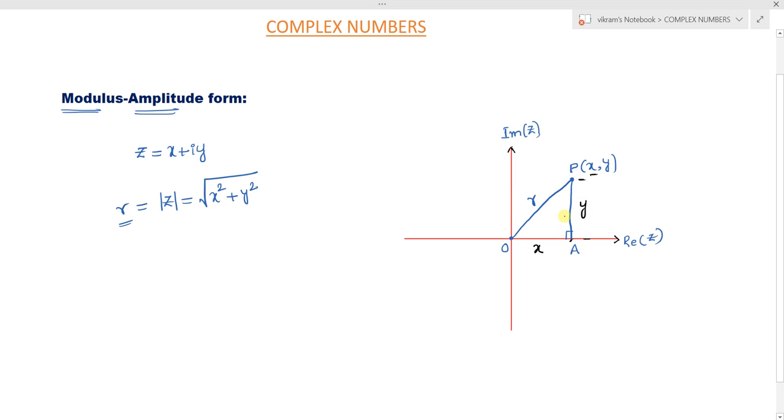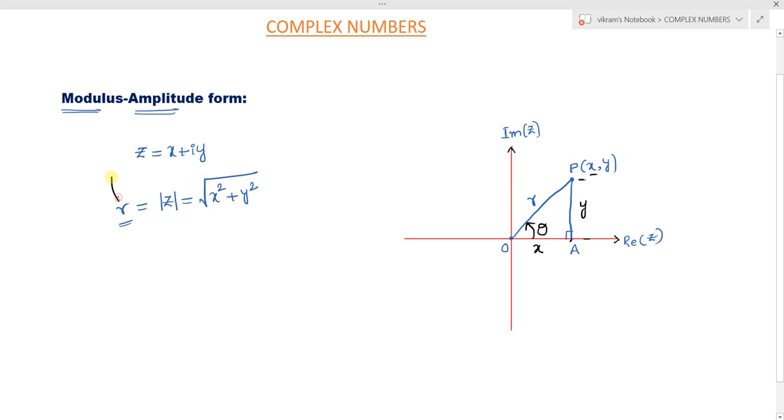Now what is the argument or amplitude? Amplitude is an angle, which is considered from the positive real axis to the radius vector. This is theta, where theta is the argument.